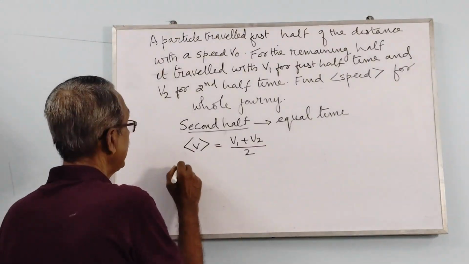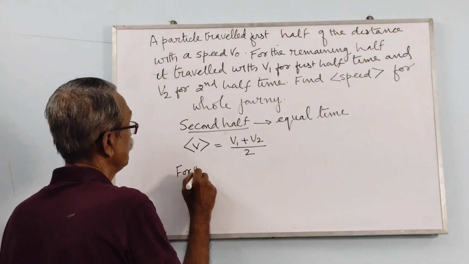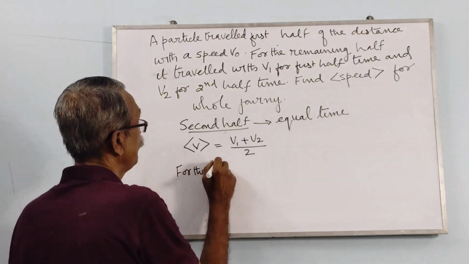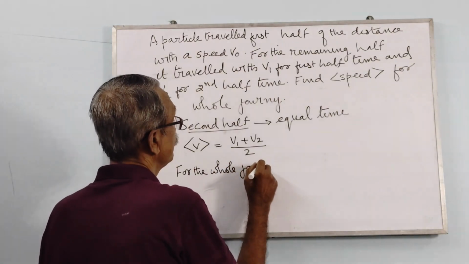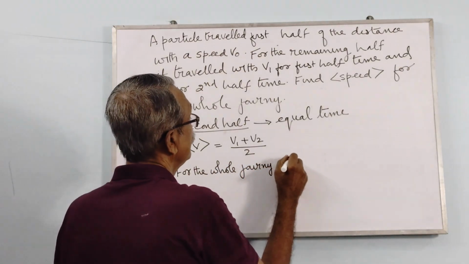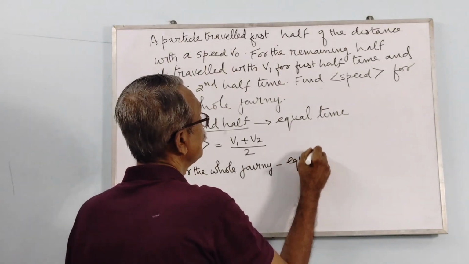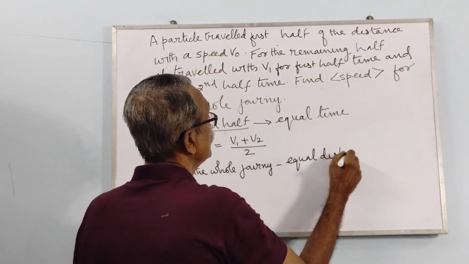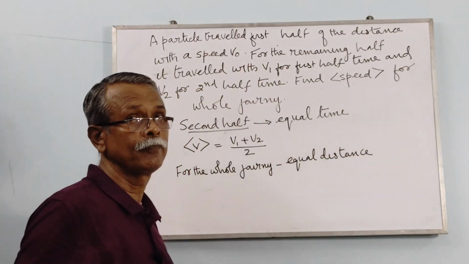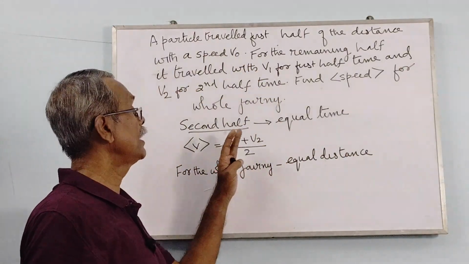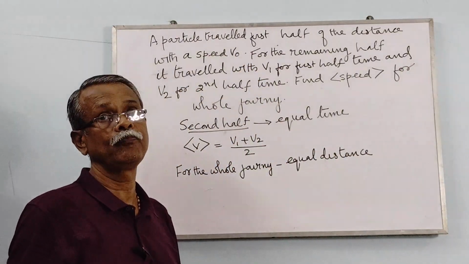For the whole journey, now we have equal distance, because for the first half it is v0 and for the second half it is v1 plus v2 by 2.